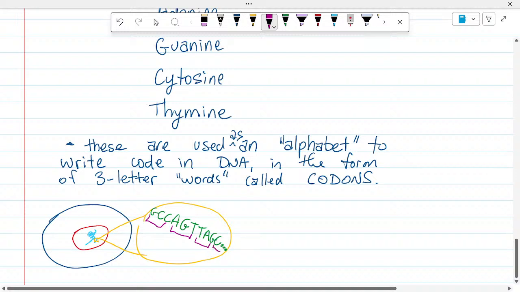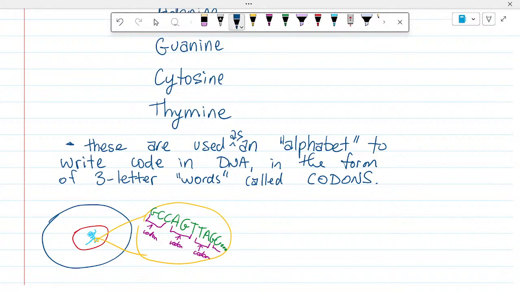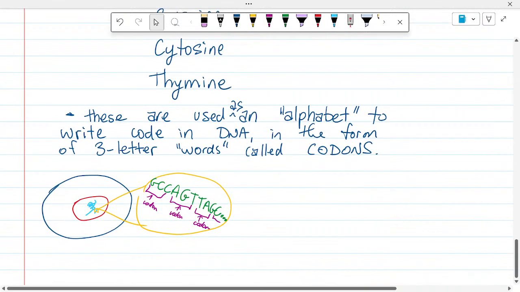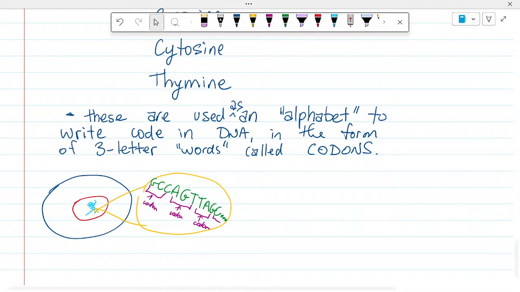Each 3-letter group forms what we call a codon. Well, it's no different than how we write words, right? So if you want to say something, you put words together in a way that says that thing, right?